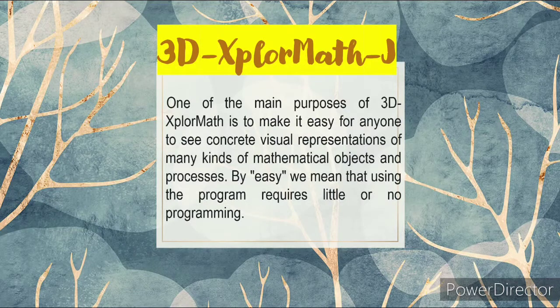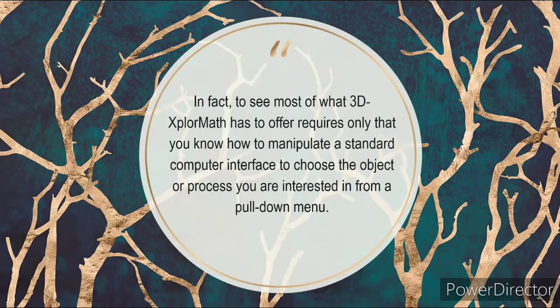By easy, we mean that using the program requires little or no programming. In fact, to see most of what 3D Explore Math has to offer requires only that you know how to manipulate a standard computer interface to choose the object or process you are interested in from a pull-down menu.